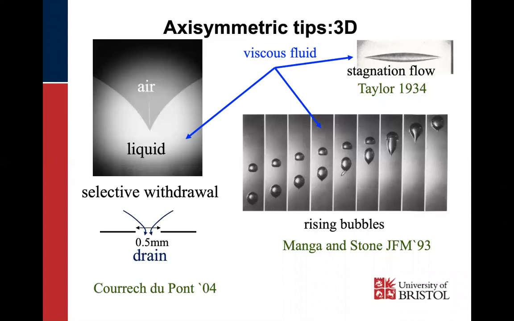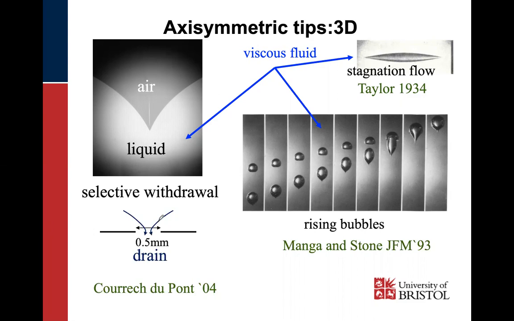A third, very well-known experiment, which we also performed here in Bristol, is known as selective withdrawal. So in selective withdrawal, you have a container half filled with a viscous liquid with air above it. And the liquid is draining through a hole in the bottom of the container.